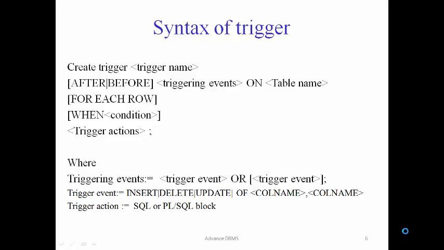We can specify one or more events using the OR operator, event 1 OR event 2 OR event 3, like that. We can execute triggering events on INSERT, DELETE, UPDATE OF column names, a single column name or multiple columns. The trigger action may be an SQL or PL/SQL block.